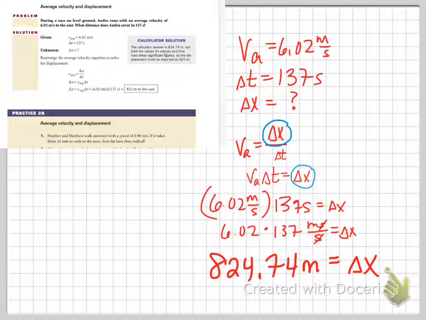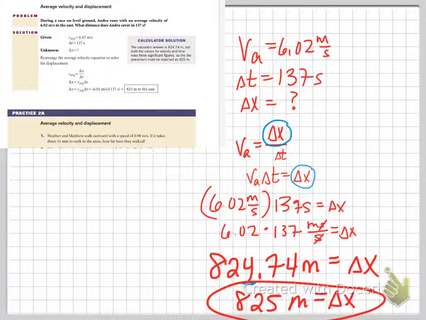If I can't see your raw number anywhere and you rounded incorrectly, you lose more points than that. So make sure you write down your raw number. Now, how many sig figs are we allowed here? 3. So that's going to put us here, and we round up because it's a 0.7, so 825 meters equals delta x. Circle, and we're done.